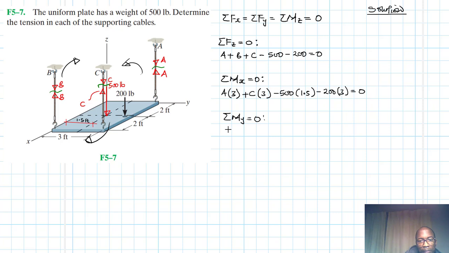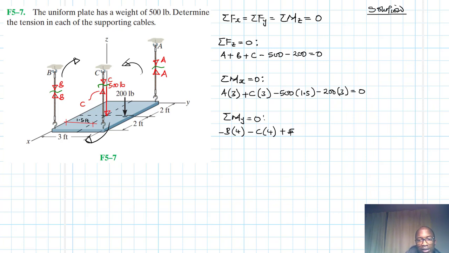So we'll have B times, what is the lever arm? The lever arm is 4, and both of these are negative, minus. And then C also has a lever arm of 4. The other ones, the active forces, are going to cause positive moments.